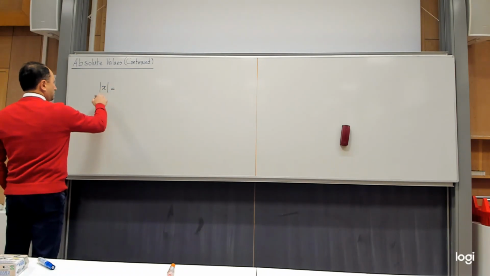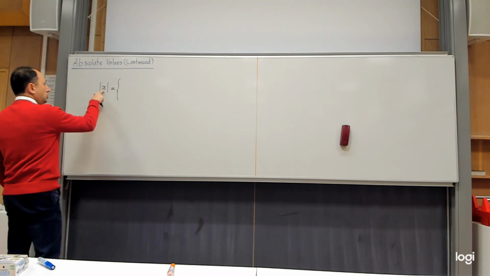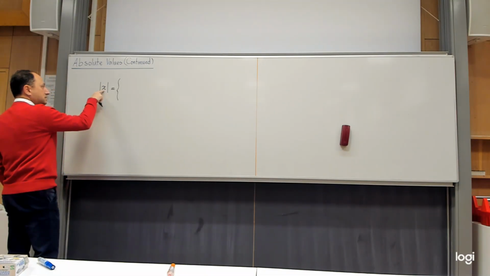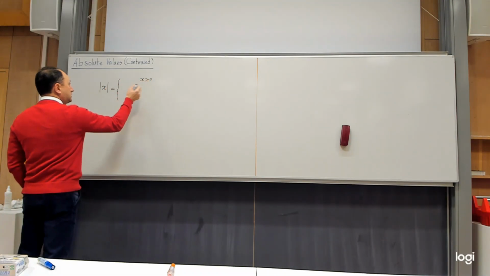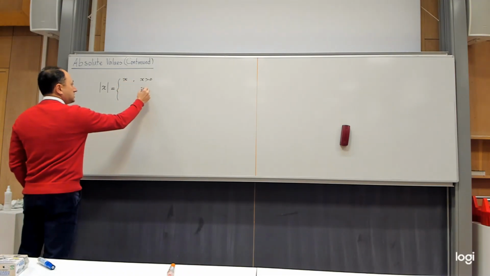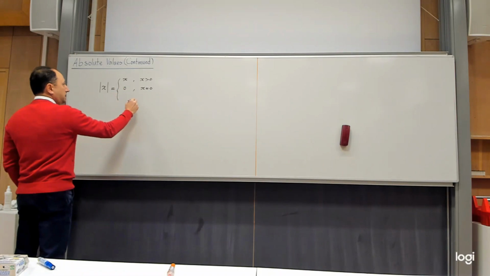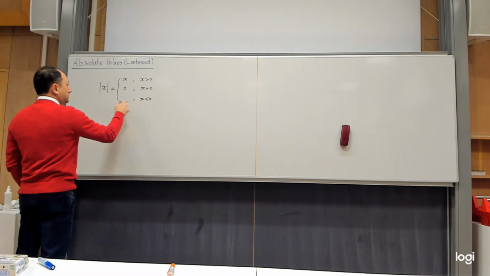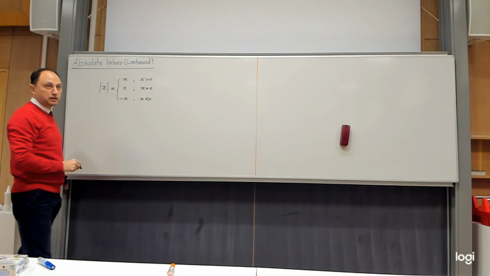You cannot remove it unless you know the sign of the expression inside. If you are certain that x is positive, you just simply write x. Of course, if x is equal to 0, absolute value of 0 is 0. And if x is negative, you need to be careful. You are not just allowed to remove the absolute value signs, but you have to apply a negative sign here as well, yes?